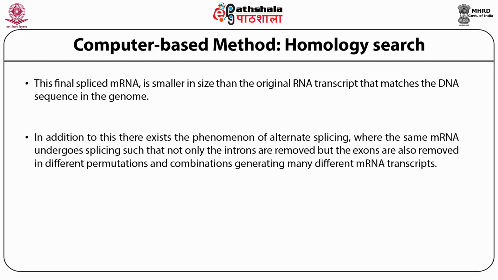In addition to this, there exists the phenomenon of alternative splicing, where the same mRNA undergoes splicing such that not only the introns are removed, but the exons are also removed in different permutations and combinations, generating many different mRNA transcripts. These final spliced mRNAs give rise to different proteins.